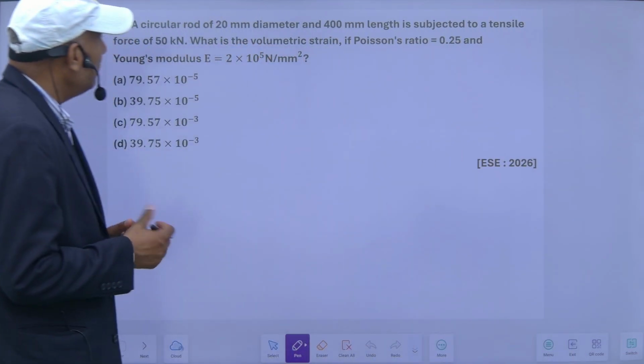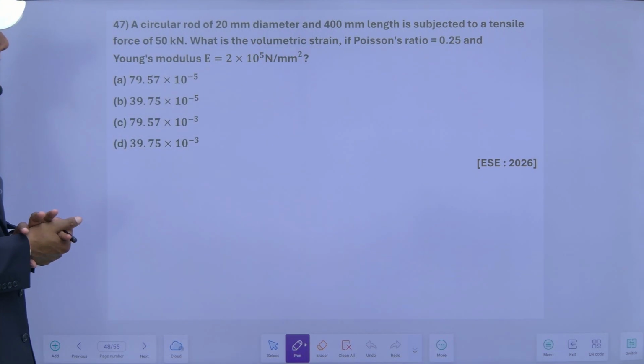A circular rod of 20 mm diameter and 40 in length is subject to tensile force. What is the volumetric strain if Poisson ratio is this much?